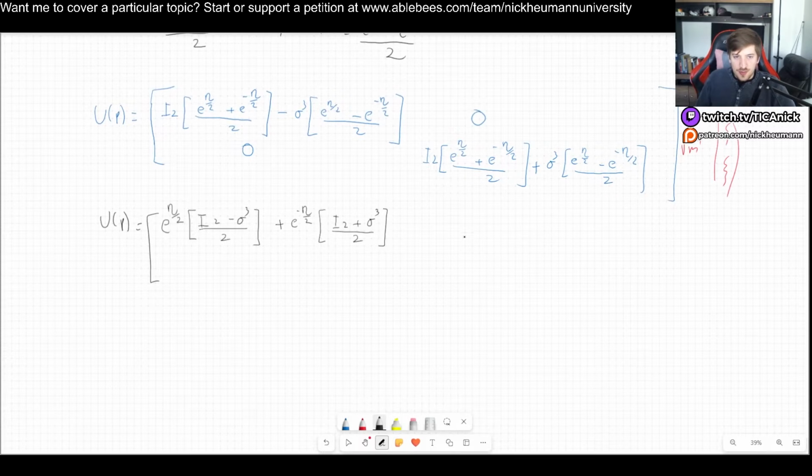Okay, then we have 0 over there, 0 over here, and we do the same thing down there. So we have e to the eta over 2 factor of the identity, and then that's identity plus sigma 3, all of this divided by 2, plus e to the minus eta over 2 factor of, in this case, I2 minus sigma 3 over 2.